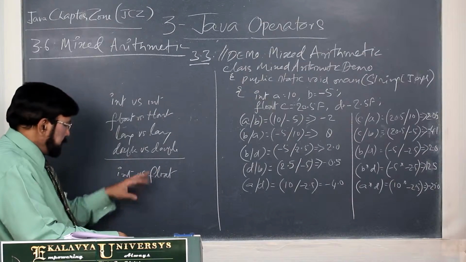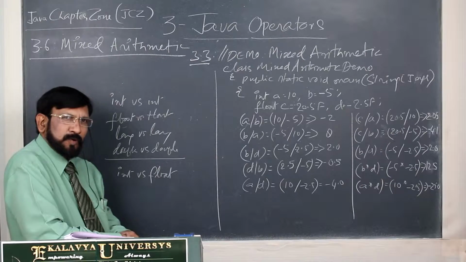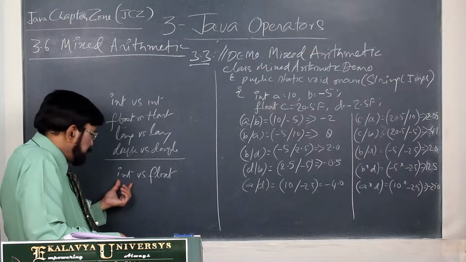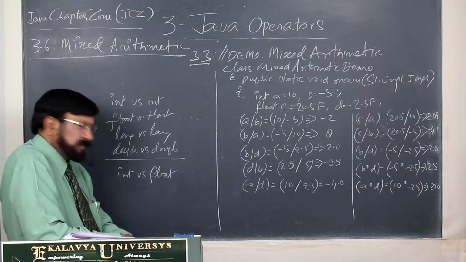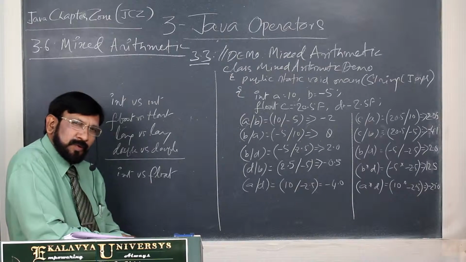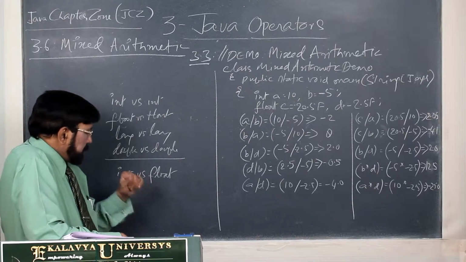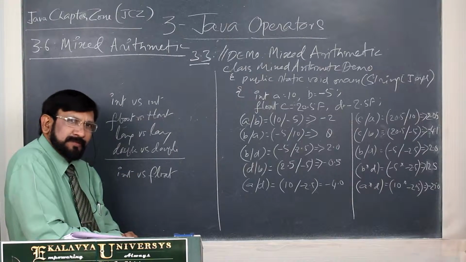So here int and float, two are there. Again one more doubt, which is inferior? Actually the size of int is 4, and the size of float is also 4. How can you decide which is inferior? Actually float's type is different.